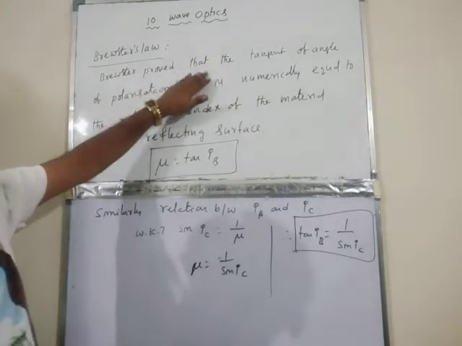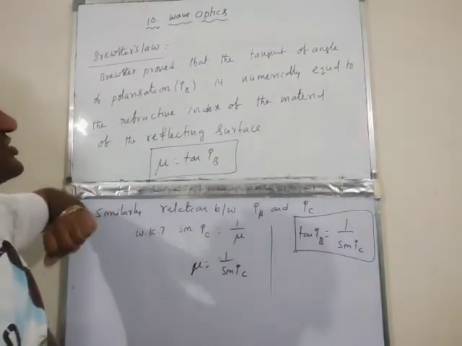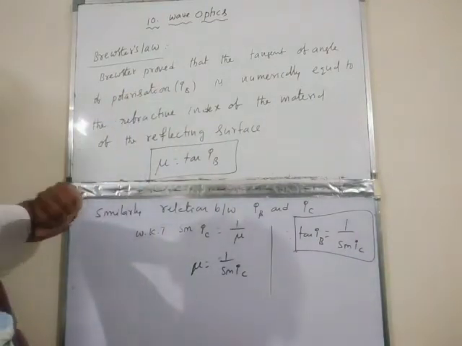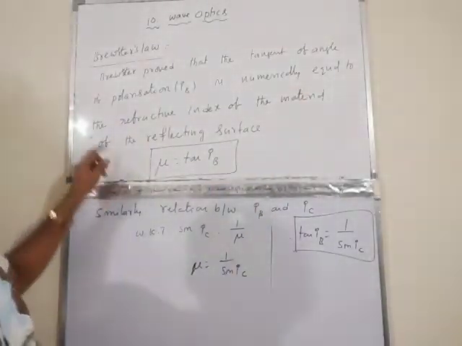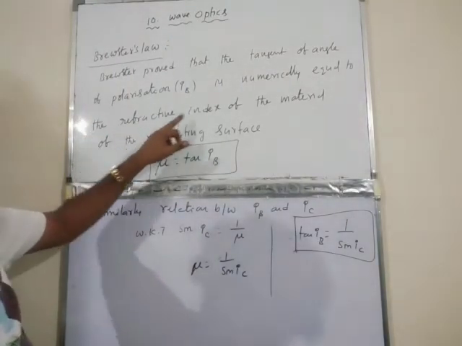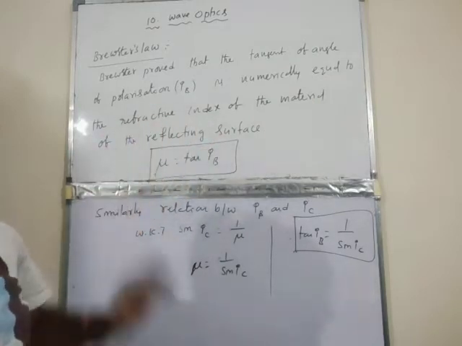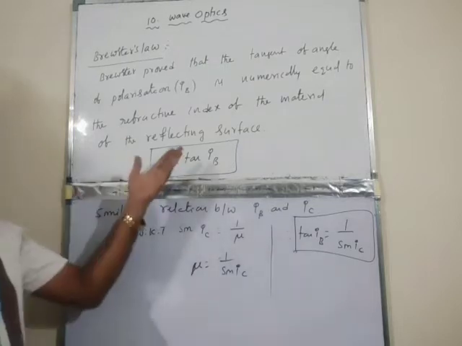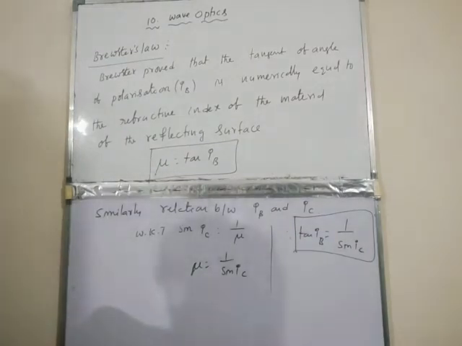Brewster proved that the tangent of the angle of polarization IB is numerically equal to the refractive index of the material of the reflecting surface. That is, tan IB is equal to the refractive index of the material of the reflecting surface. This is the Brewster law.